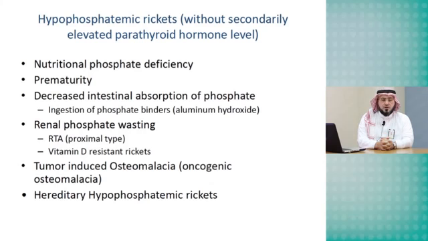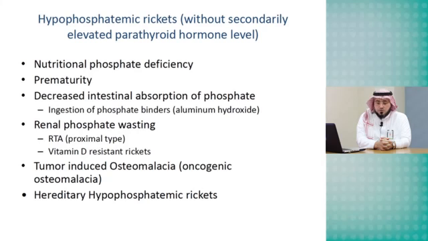What are the causes of hypophosphatemic rickets? Nutritional phosphate deficiency is common. Prematurity is another common condition associated with hypophosphatemic rickets. Decreased intestinal absorption of phosphate, especially in those taking antacids. Why antacids? Because antacids contain aluminum hydroxide, and aluminum hydroxide impairs absorption of phosphate from the GIT.